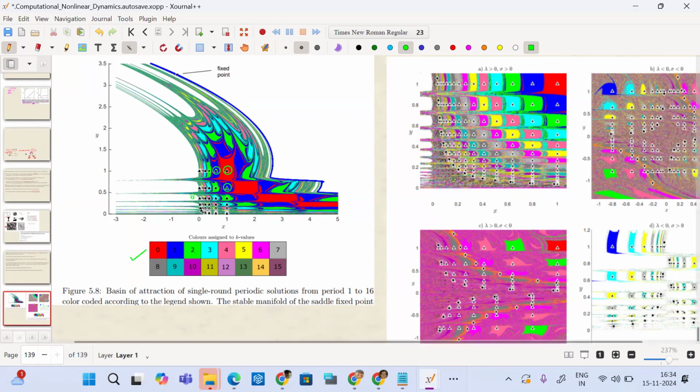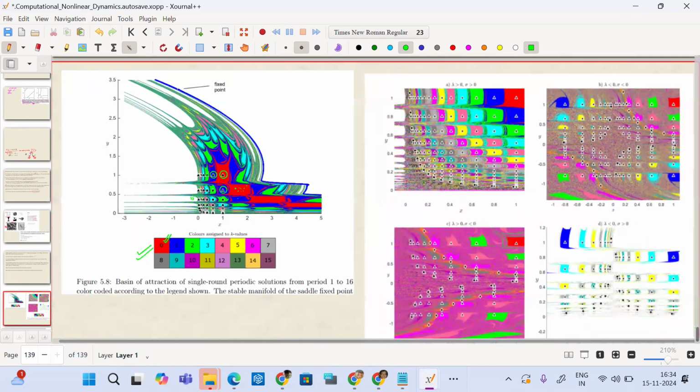I have given different colors to different periodic orbits. Maybe when you are doing this assignment, you can use this idea. I want to see how the basin of attraction looks. You can see that any initial condition in the red region converges to the fixed point. If you take any initial condition in the blue region, it will converge to a period 2 point.